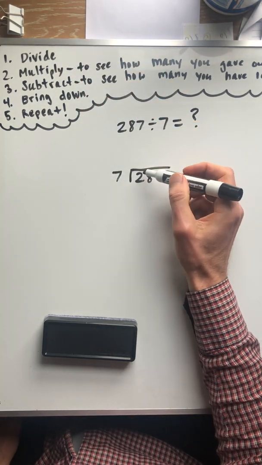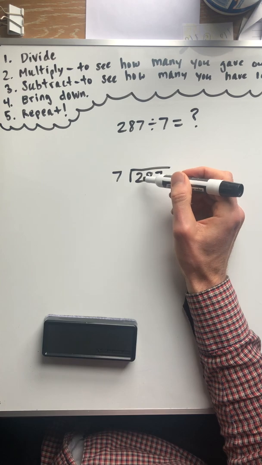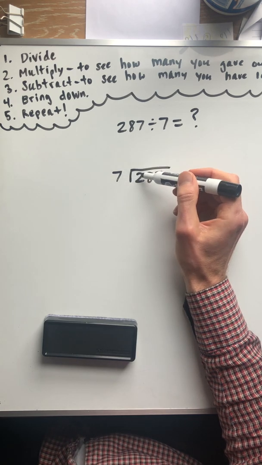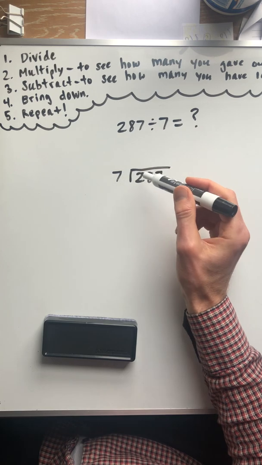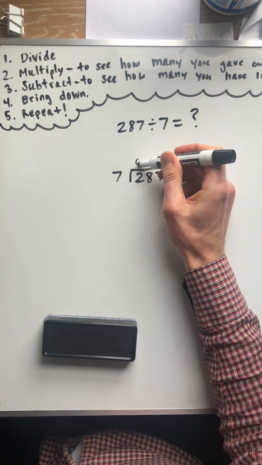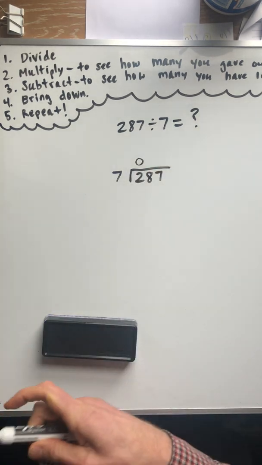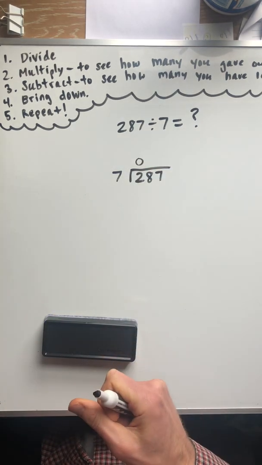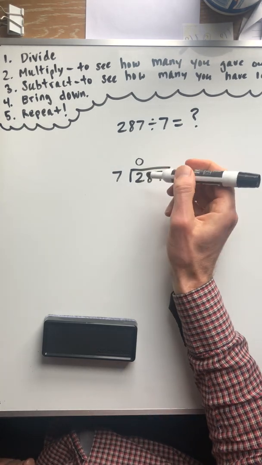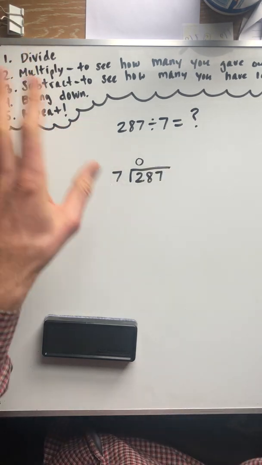Can I divide 2 by 7? Not really, because you're thinking, 7 times what equals 2? Nothing, you can't do it. So I put a 0 there. Sorry guys, nobody's going to get 100 this time. And they're like, darn it, I wanted that $100 bill. I couldn't divide, so 0.